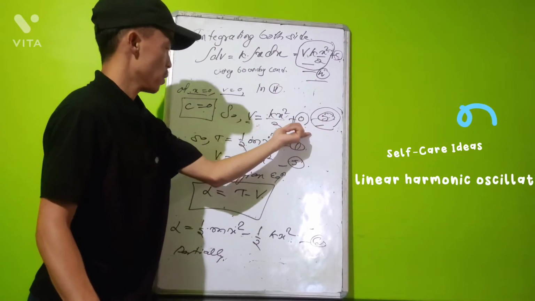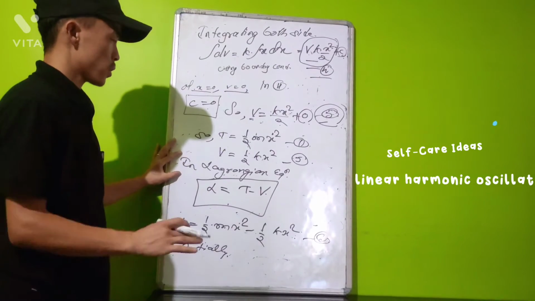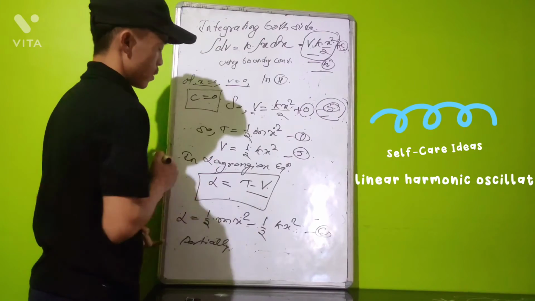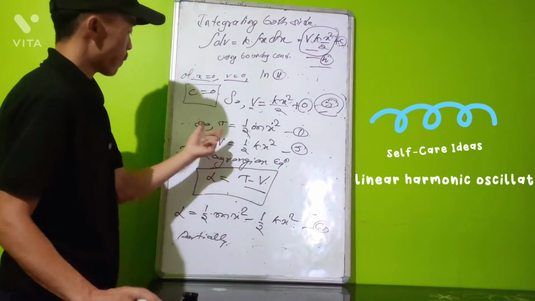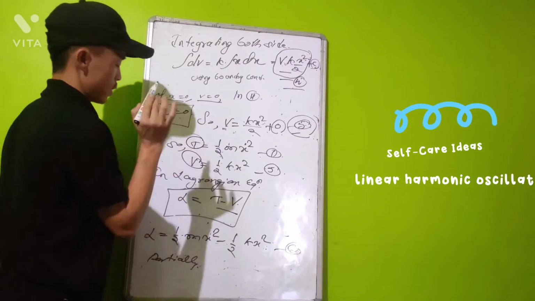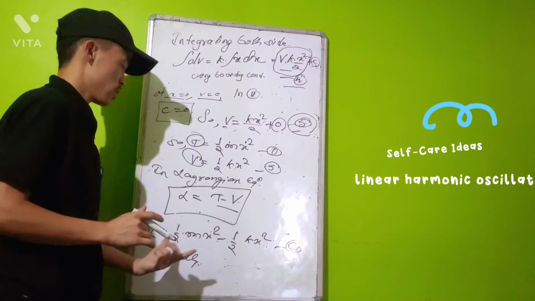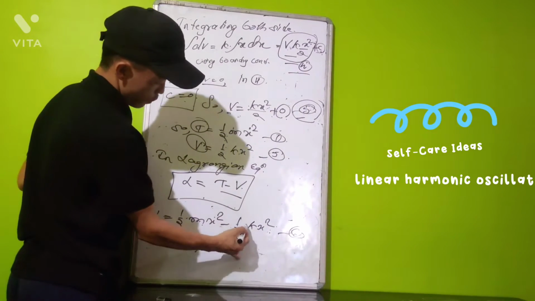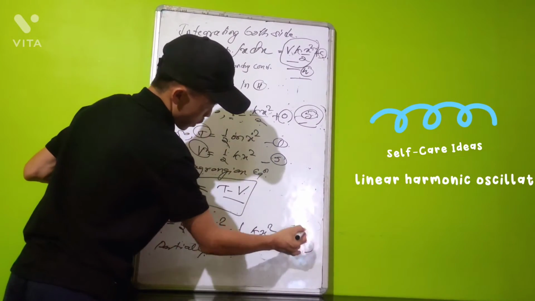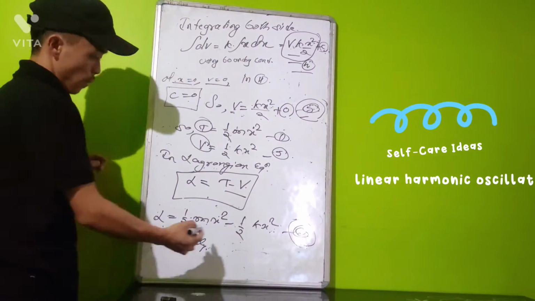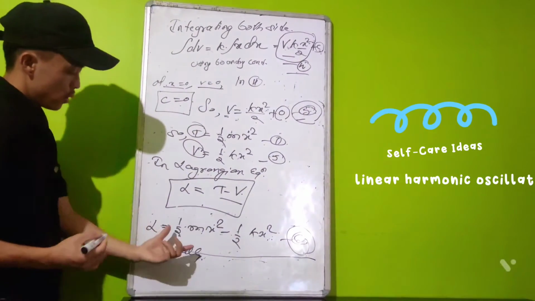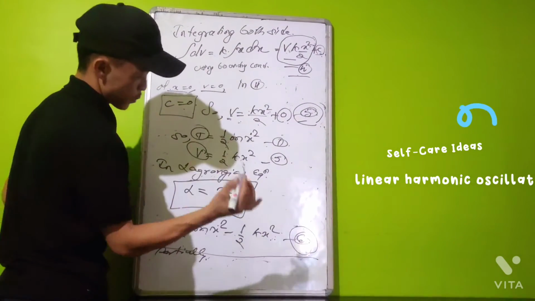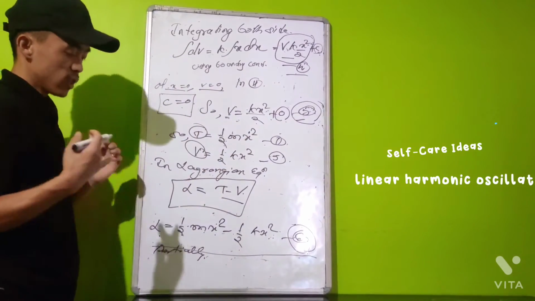In the Lagrangian equation we use L is equal to T minus V. We have got the two values of T and V, so using these values we get L is equal to 1 by 2 m x dot square minus 1 by 2 kx square, which is our equation 6. Now we will partially differentiate this equation with respect to x dot as well as x, which we will discuss in the next section.